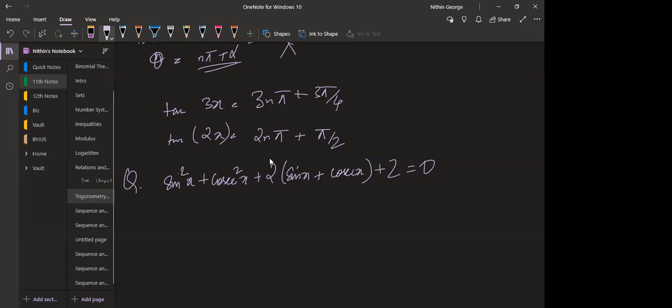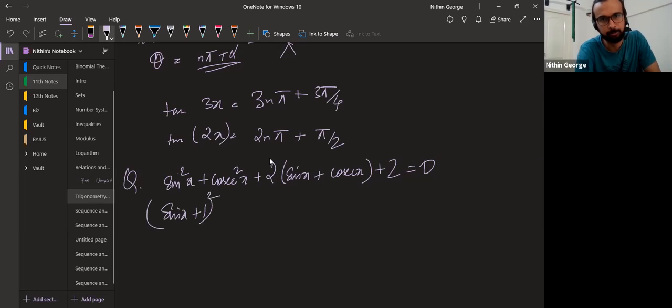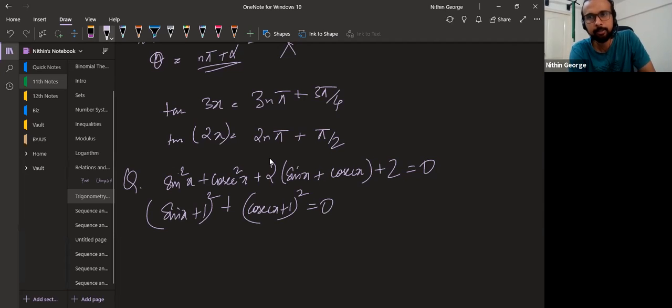Sin x plus 1 the whole square and, exactly. You can split this as (sin x plus 1) the whole square plus (cosec x plus 1) the whole square equal to 0. Am I right? Is that what you meant? Yes, sir. Okay, so how do you proceed from here?